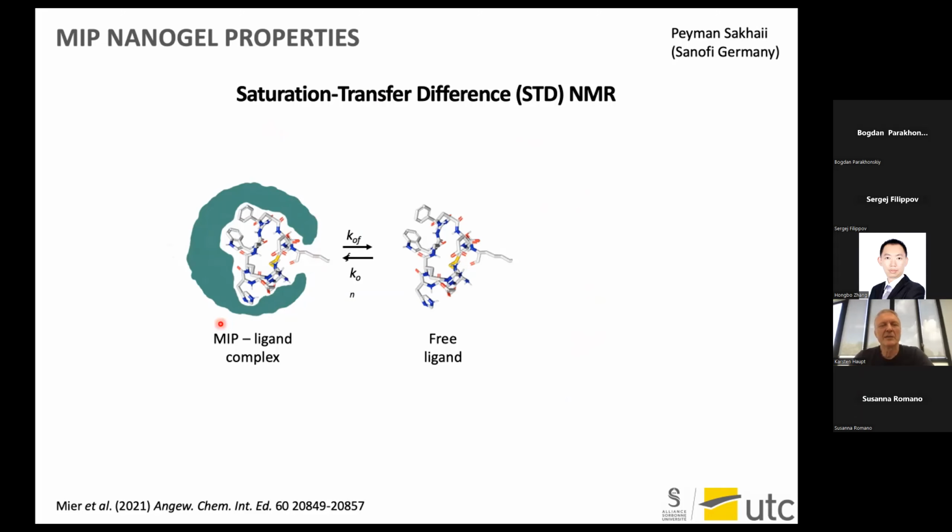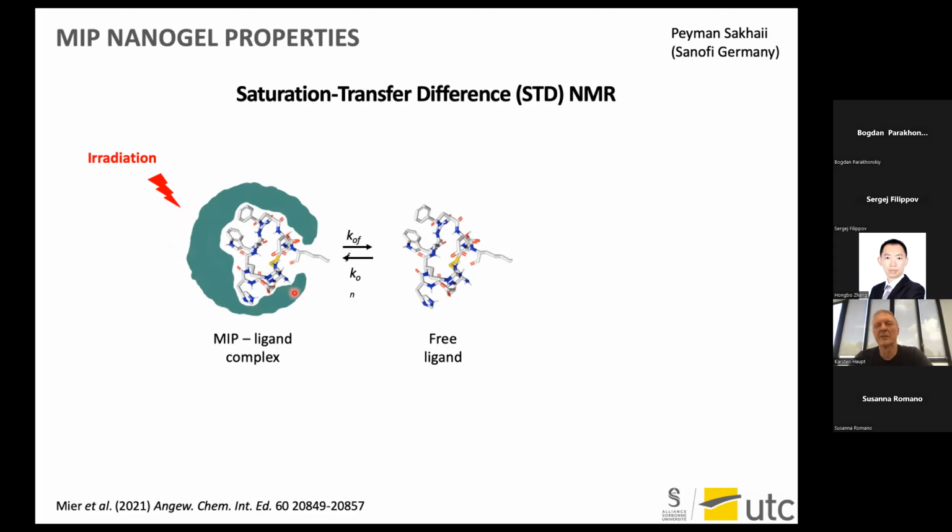We will mix our polymer particles together with the peptide, and then we will irradiate the polymer with a radio frequency pulse train, and at the frequency that is only absorbed by the polymer, but not by the peptide. So this is something where we have to choose very carefully which frequency we can use in order to really only be absorbed by the polymer.